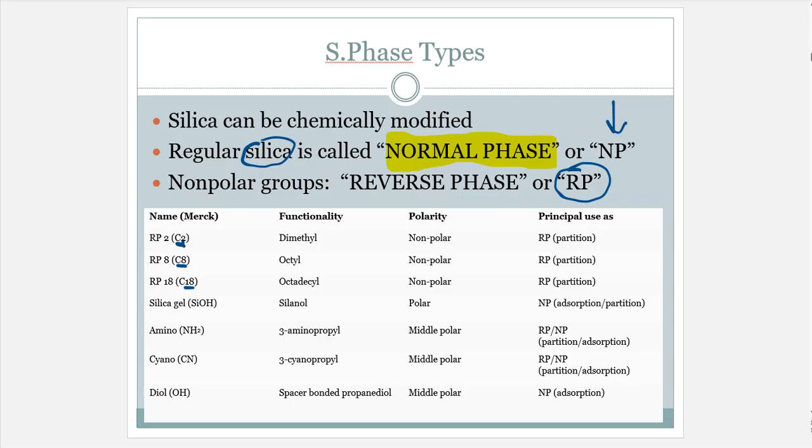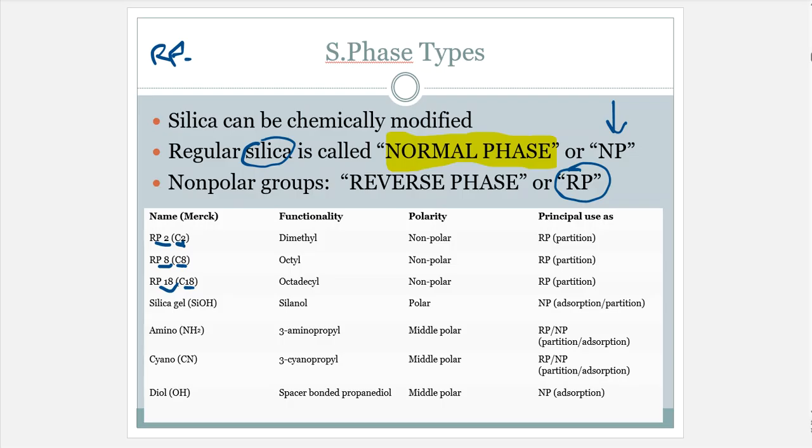For that reason, they will often say, okay, today we are going to be running on an RP plate that is RP and so on. They will normally say RP2s or RP8s or RP18s to let you know that this is something a little bit out of the ordinary.